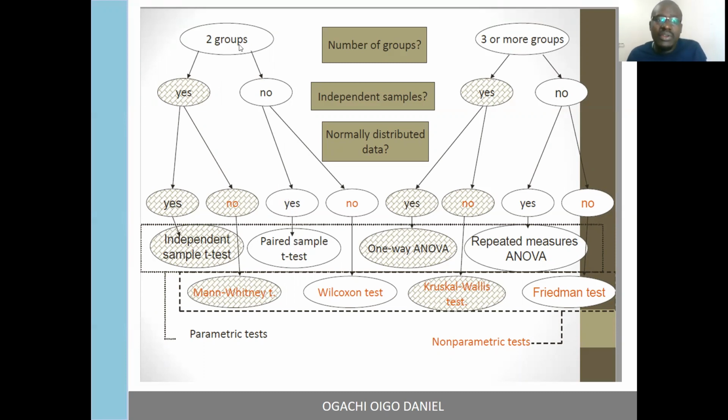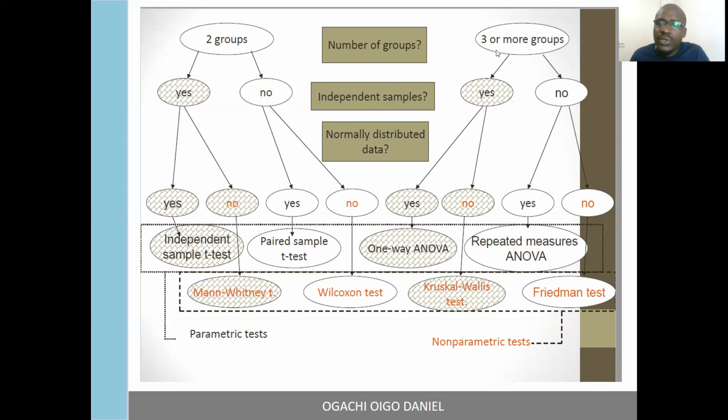In the same scenario, if we have two groups and the samples are not independent and the data is not normally distributed, then we conduct a Wilcoxon test. So it's very important to understand that in two groups we have 4 tests that we can use, depending on the number of groups, whether the samples are dependent or independent, and whether the data is normally or not normally distributed.